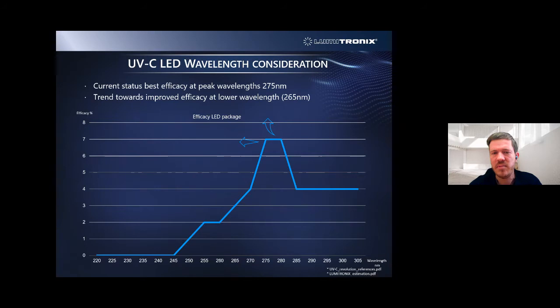This will help several applications to generate a total efficacy for the application which is higher than it is right now, because 265 nanometers will have improved efficacy towards the application compared to 275 or 280 nanometers.